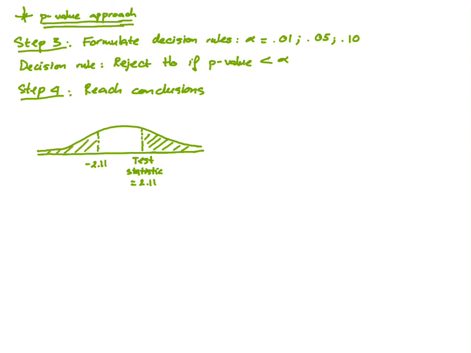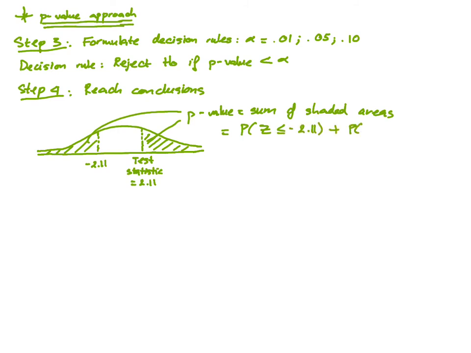The p-value in this case is going to be the sum of the shaded areas. In other words, it's the sum of the probability that z is less than or equal to negative 2.11 plus the probability that z is greater than or equal to 2.11.